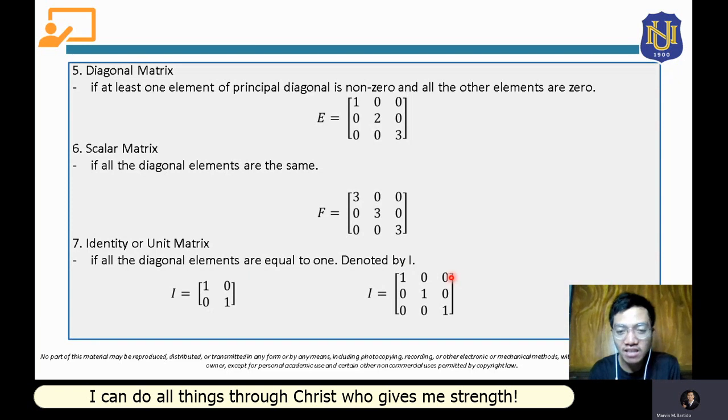Let's say for this identity matrix, this can actually be a scalar matrix also, since all the diagonals are the same. This can also be a diagonal matrix, and this can also be a square matrix. So a matrix can have two or more types, and that can happen.